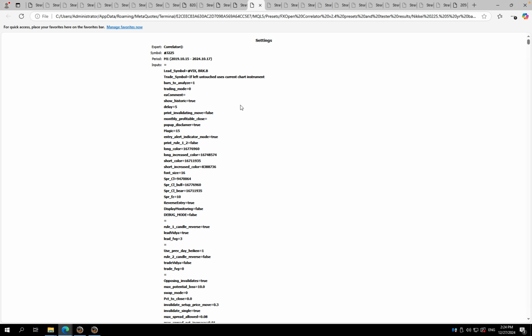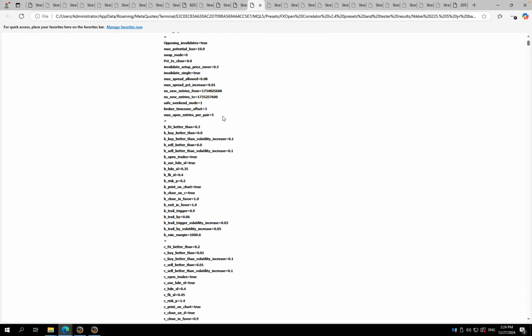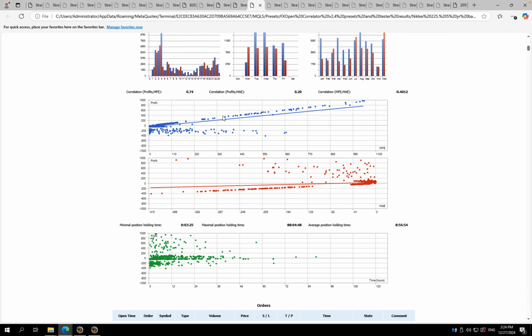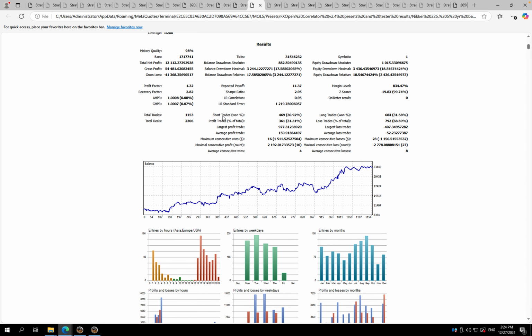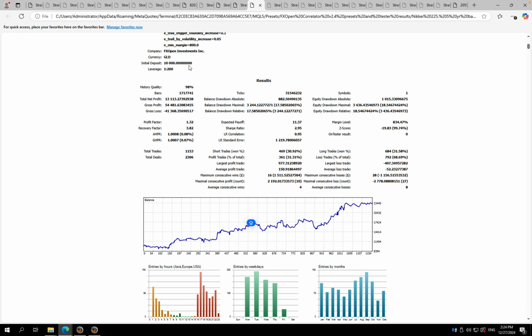The Japanese index between this 5-year period. And this is the important part. With a 10,000 deposit, made a net profit of 13,113.